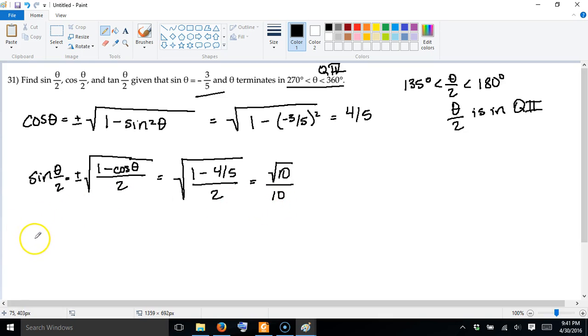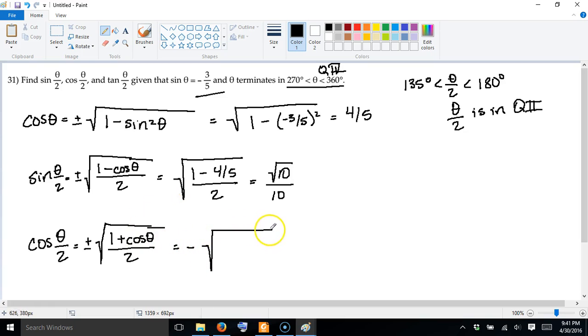Now let's find cosine of theta over 2. It's a lot like the sine of theta over 2, except on the inside here we have 1 plus cosine of theta all over 2. Now, since we are in quadrant 2, it's going to be negative. So negative square root of 1 minus 3/5.